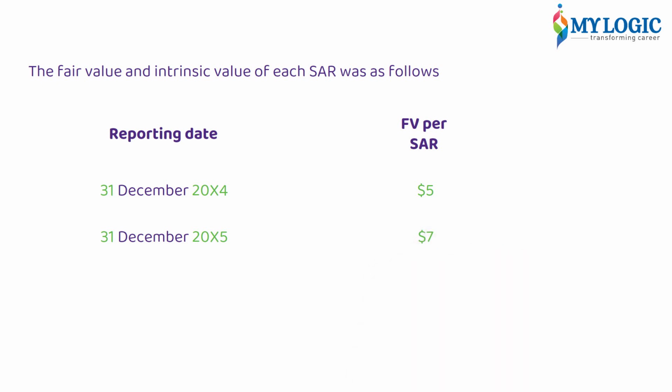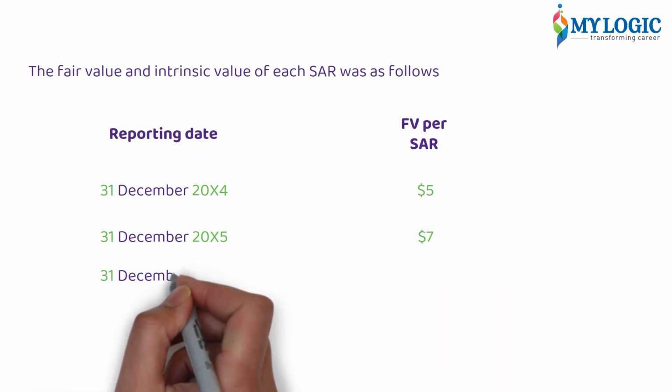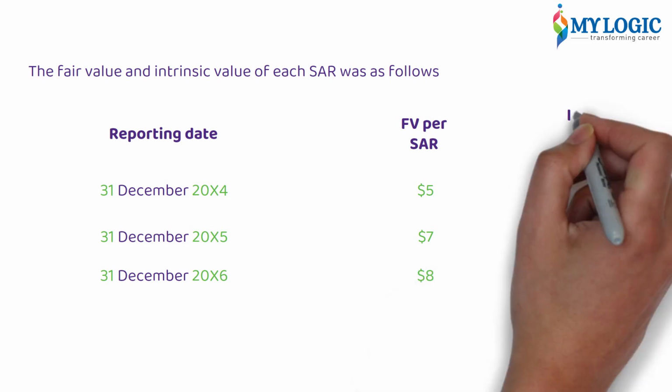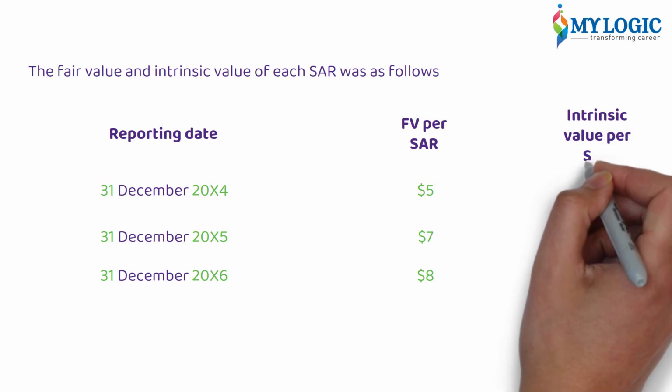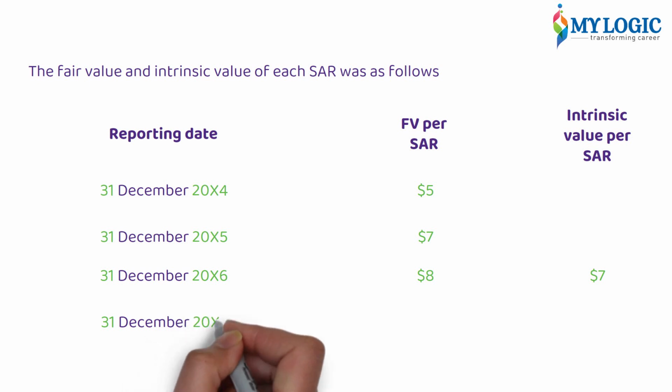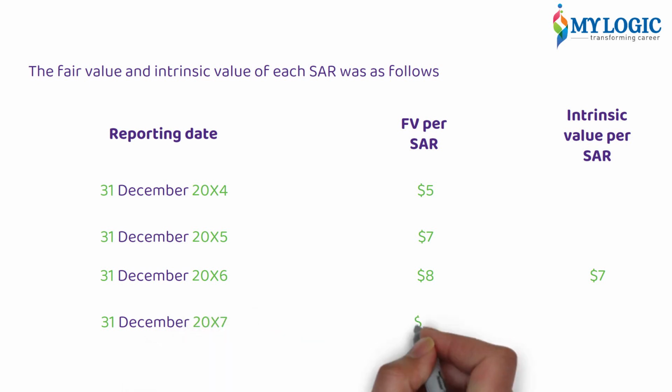For reporting date 31st December 2016, FV per SAR $8, intrinsic value per SAR $7. For reporting date 31st December 2017, FV per SAR $10, intrinsic value per SAR $10.